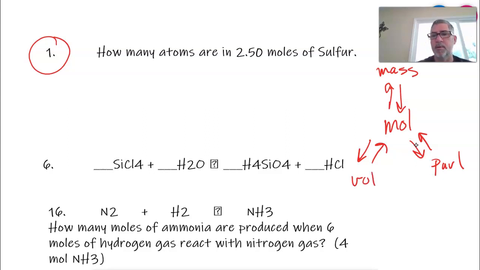If we're going toward mole, we're going to divide. If we're going toward mass, we're going to multiply. With this first question, how many atoms, and atoms are particles, are in 2.5 moles of sulfur?